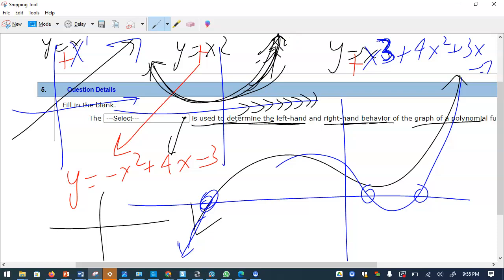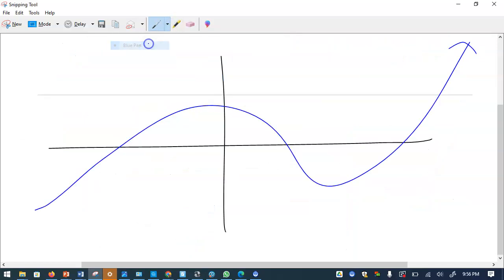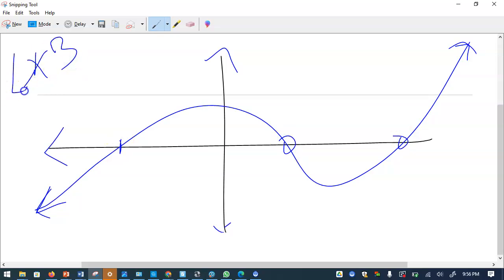Let me show one more. If you see this graph, I have drawn a graph which is very much a cubic, because it is going down on this side and it crosses the x-axis at most 3 times. So it has to be some x raised to 3, plus a coefficient with a square, plus some x and some number.